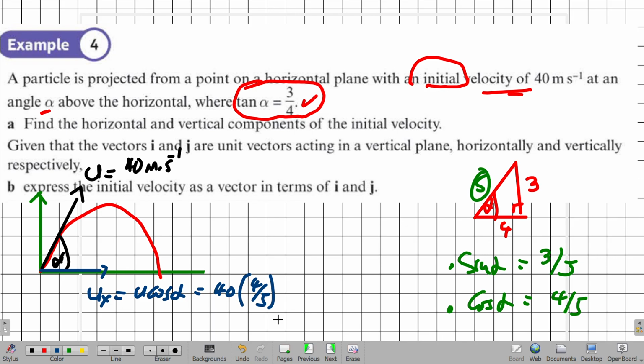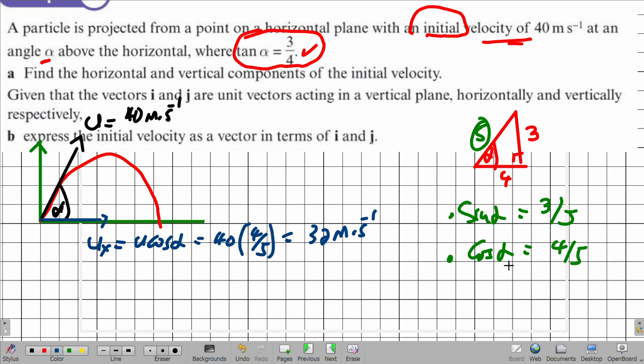That is 40 divided by 5, which is 8, and 8 times 4 is 32. So this object does move at 32 meters per second in the horizontal direction.